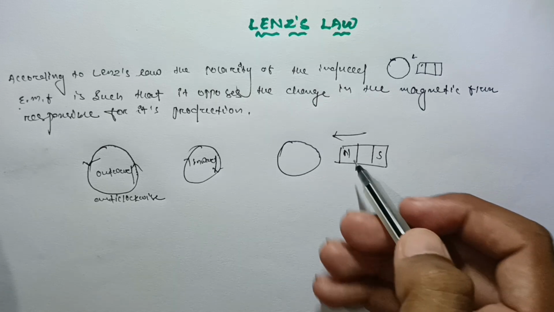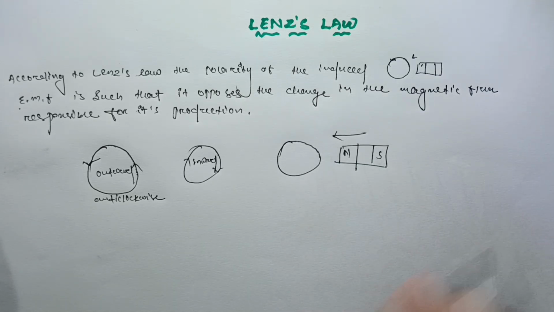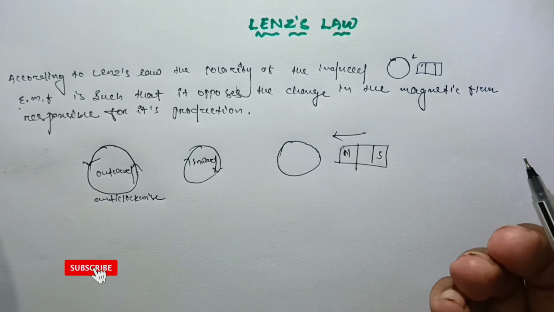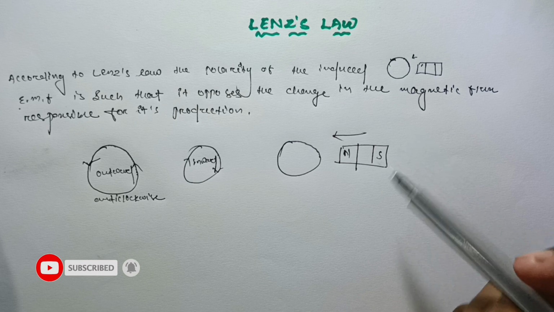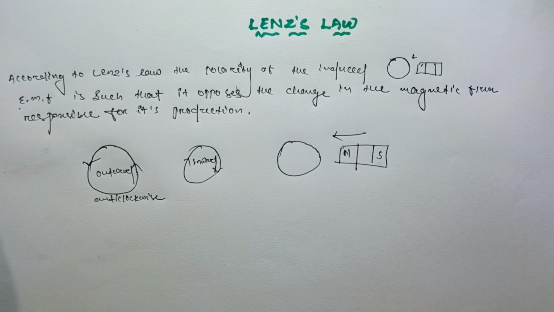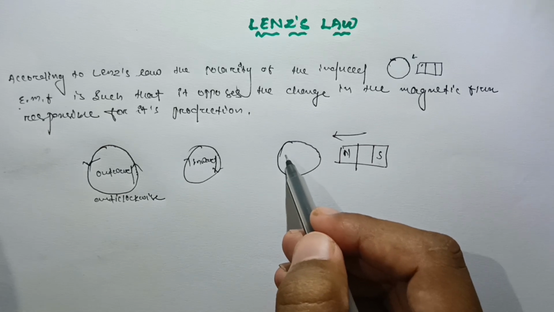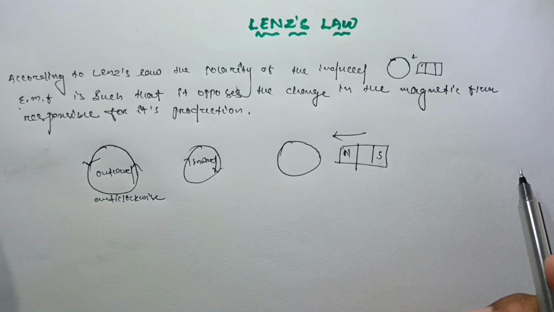Because if we move it towards the coil, it should oppose the change of magnetic flux, right?